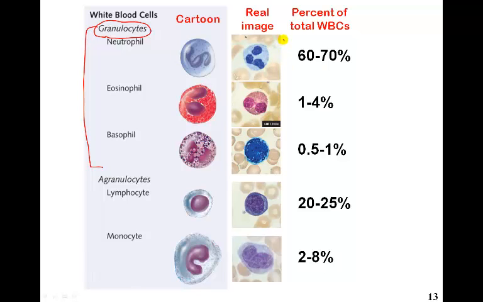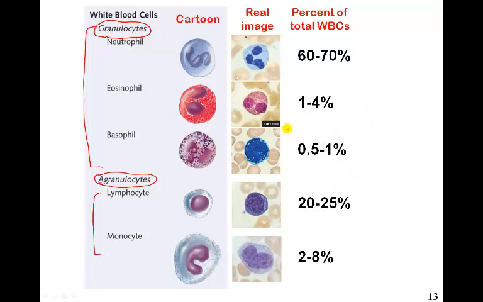Those granules are in fact vesicles, and we'll talk about what those vesicles are about in just a second. Okay, so we've got 3 granulocytes, and then you've got 2 types of agranulocytes, so cells that don't have obvious granules. Okay, so we'll start with the granulocytes.